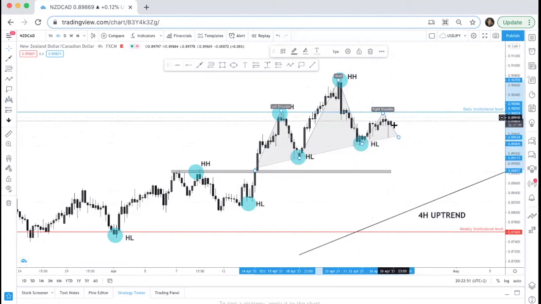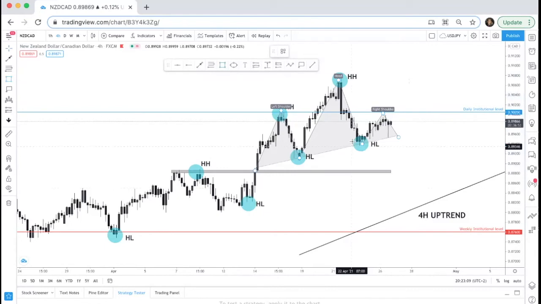If we can come down, I won't be taking any buys or sells just yet. I would like to see price break below the neckline of the head and shoulders. If we can break below the neckline, that is where I'll be looking for sells, a break and retest of this level right here.